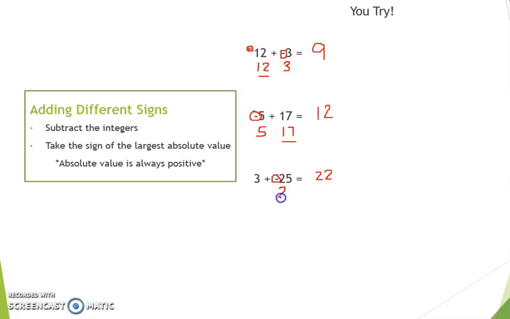The absolute value of negative 25 is 25 because it's always positive, and the absolute value of 3 is 3. 25 is greater than 3. So we're going to take the negative sign because it has the largest absolute value. So 3 plus negative 25 gives us a negative 22.